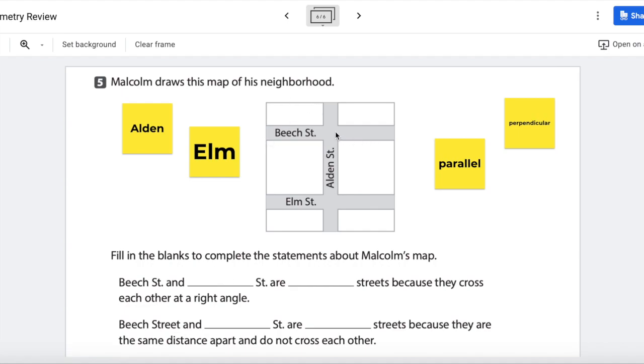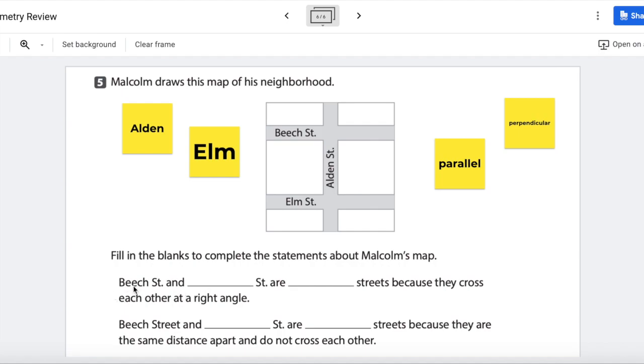There's a map of a neighborhood here. Here's Beach Street, Elm Street, and Alden Street is the one that goes up and down. So we're going to fill in the blanks on these two sentences to complete the statements about the map.